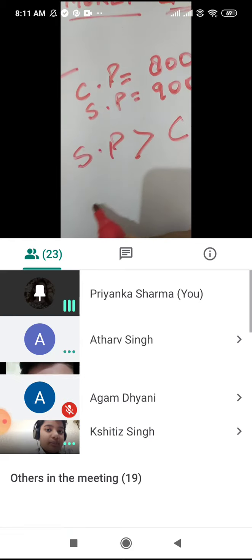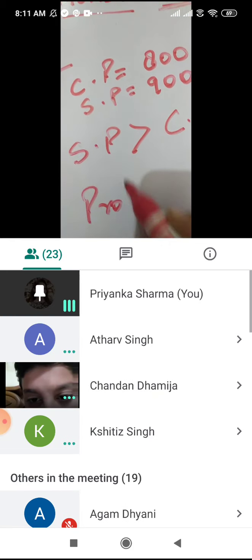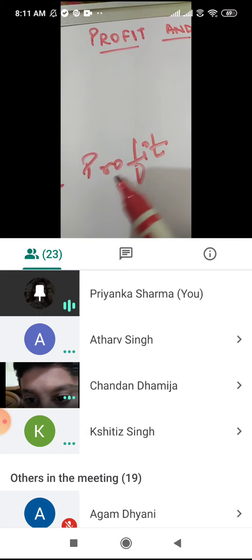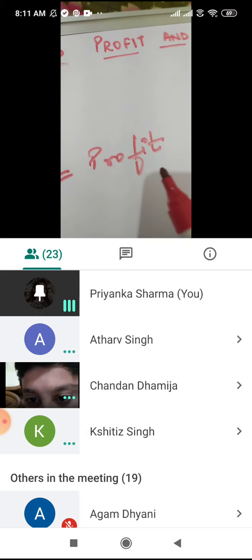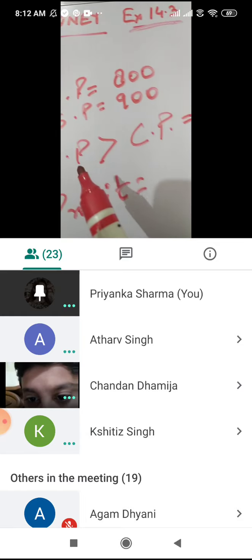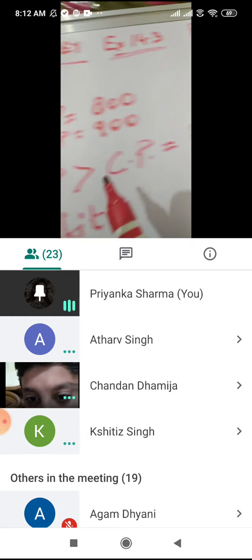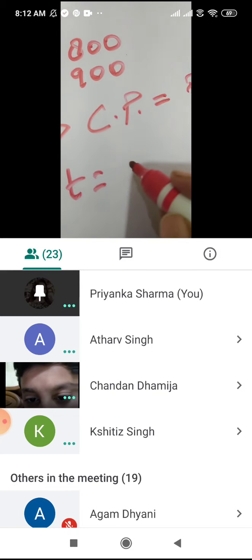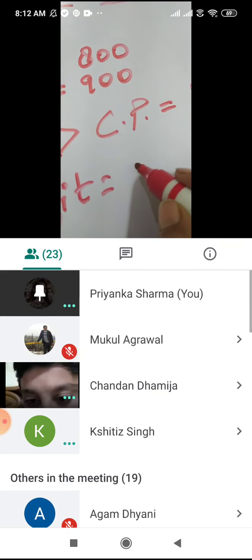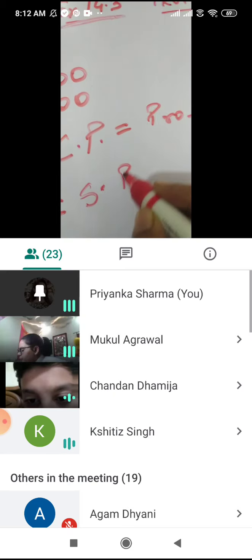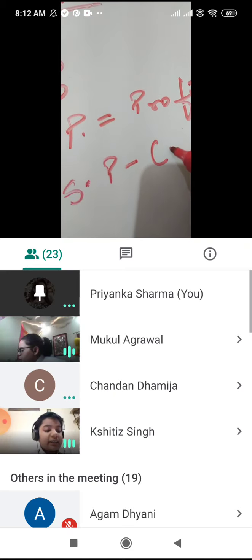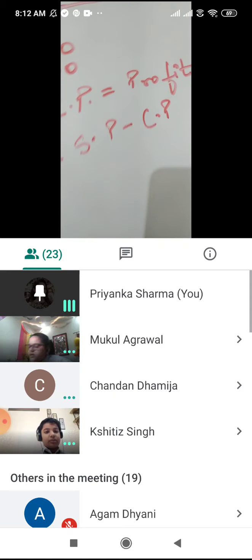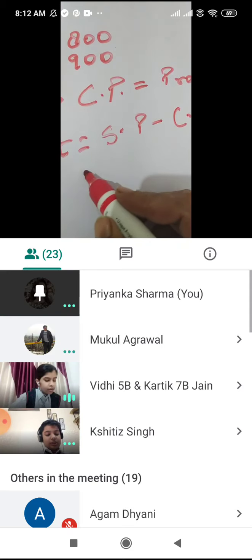Yes. So now we will write the formula of profit. First we find out whether there is profit or loss. Once we have understood that it is having profit because selling price is greater than cost price, we write the formula of profit. What is the formula? Profit is equal to selling price minus cost price.